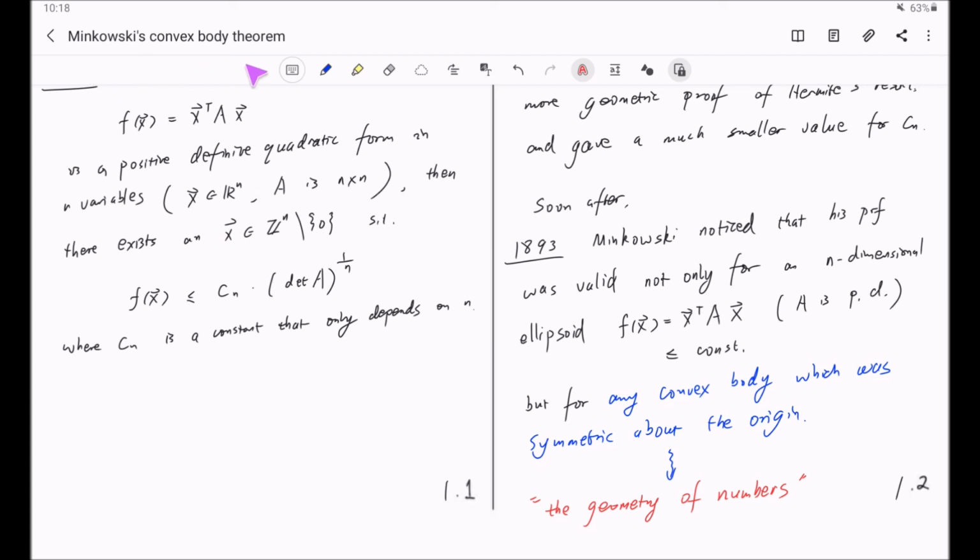The Minkowski's convex body theorem has a lot of applications, in particular in number theory. In this lecture series, we'll mainly focus on its application to the Diophantine approximation problem. In particular, we are going to prove the Dirichlet's simultaneous Diophantine approximation theorem using this. So now, come with me.